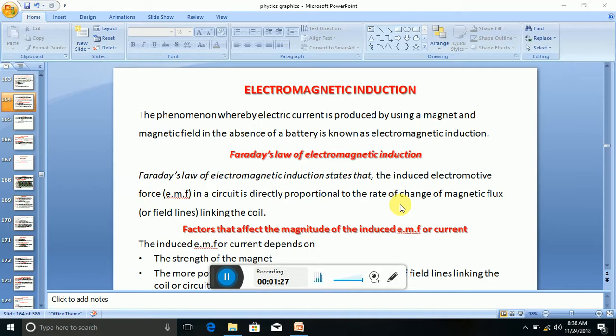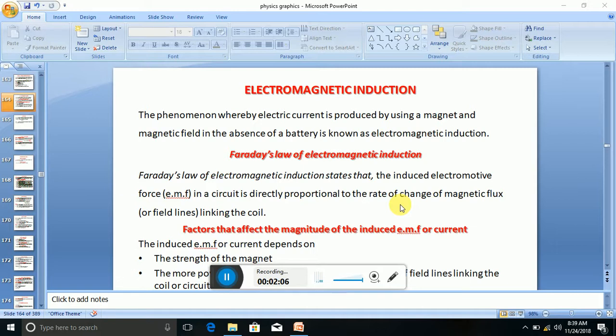So we know that electric current or electromotive force is produced by the changing of the magnetic flux between the magnets. That is what electromagnetism is all about. So Faraday is telling us that the induced EMF in a circuit is directly proportional to the rate of change of magnetic flux or field lines linking the coil. When we talk about coil, we're talking about the magnetic coil.